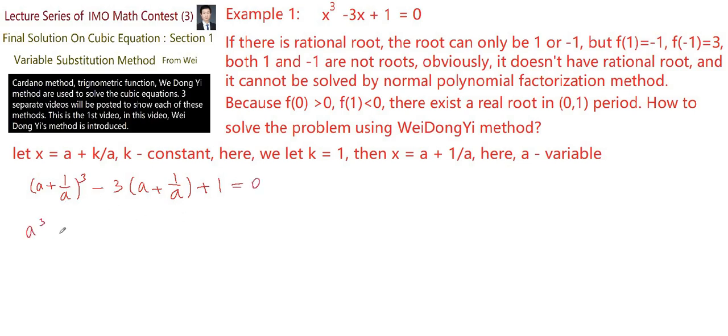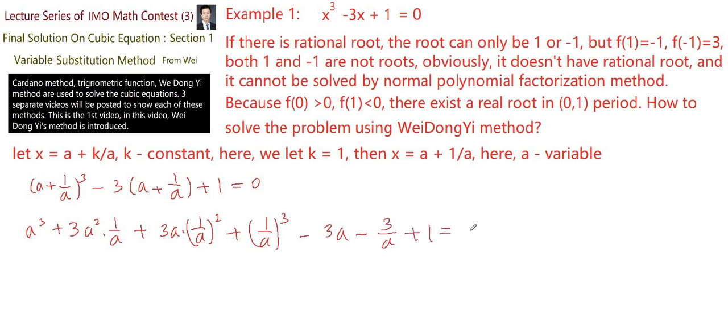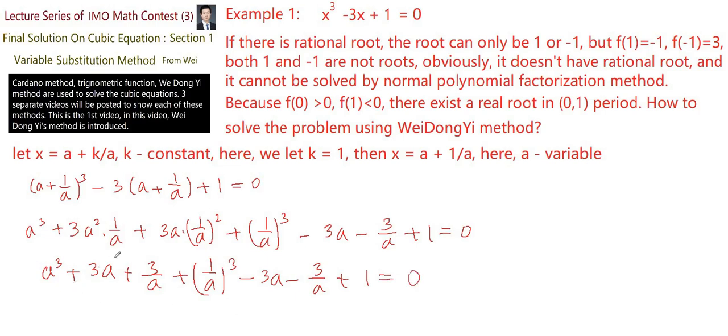Expanding, it is a cubed plus 3a plus 3 divided by a plus 1 divided by a cubed, minus 3a minus 3 divided by a, plus 1 equals 0. You can see that 3a and 3 divided by a can be cut off, and it becomes a very simple equation.